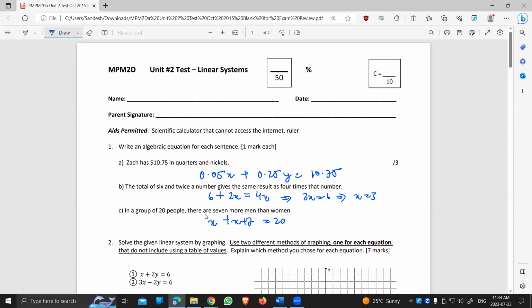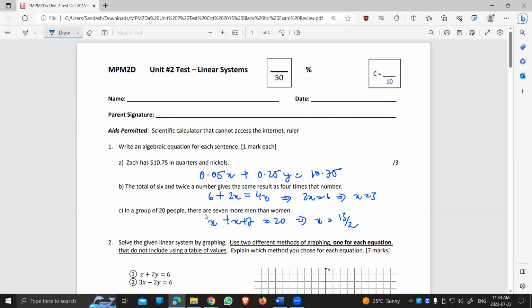And there we go. Now that one is not solvable though, because if you go to solve this, you're going to get 2x equals 13. You'll get x is equal to 13 over 2. But you can't have half an individual. This is a discrete value, so I don't know what's up with this question.